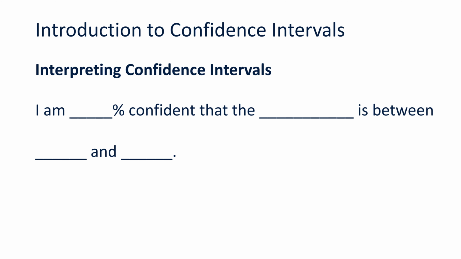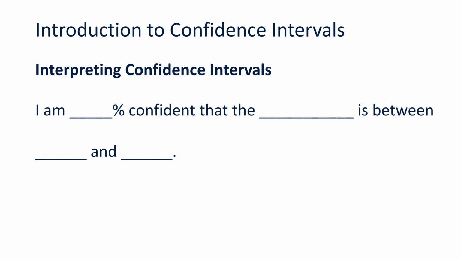Confidence intervals are often misinterpreted. Remember that when we're constructing a confidence interval, we're using sample data to estimate a population parameter. We don't know if our sample statistic is less than, greater than, or approximately equal to the population parameter, and we don't know for sure if our confidence interval contains the population parameter.